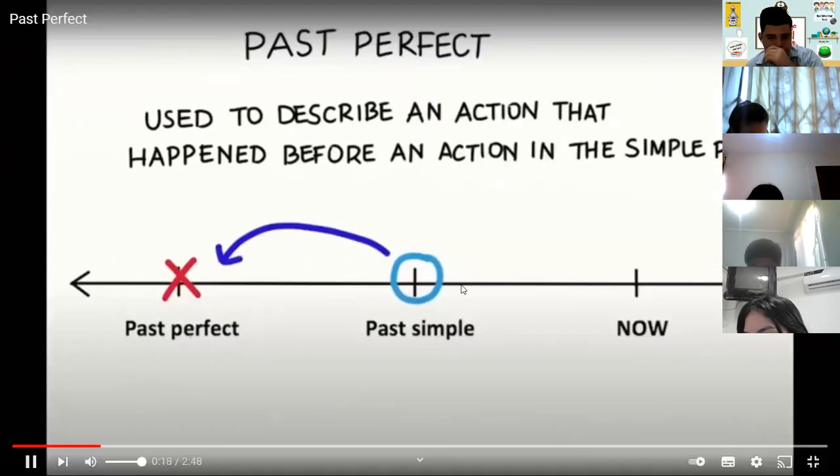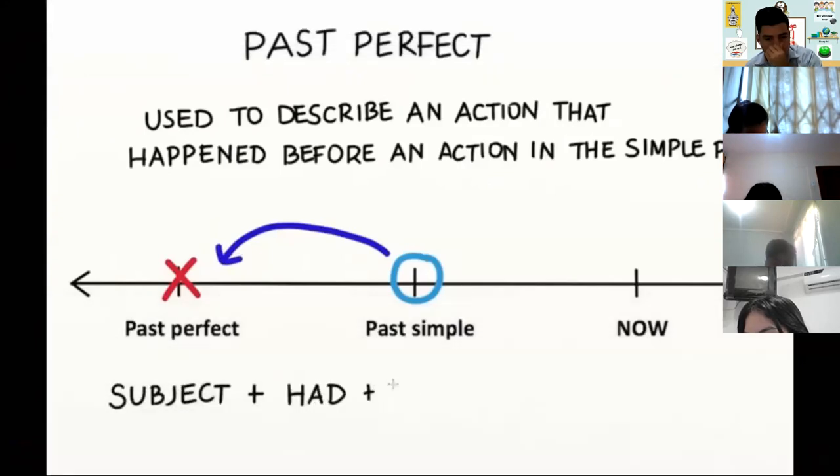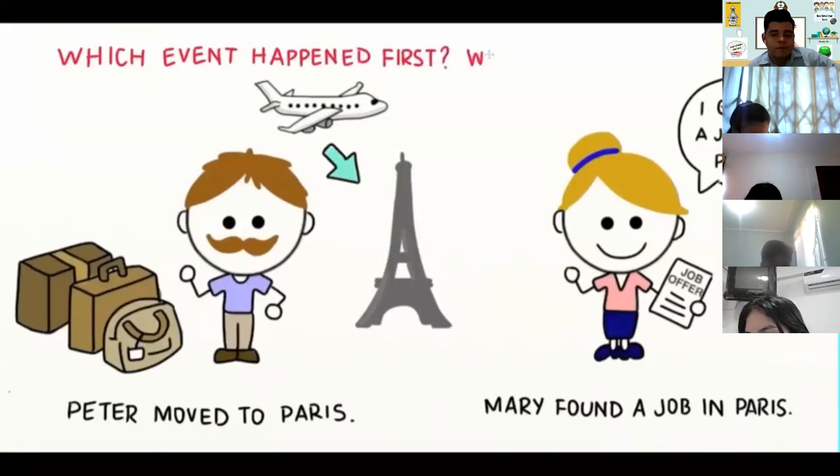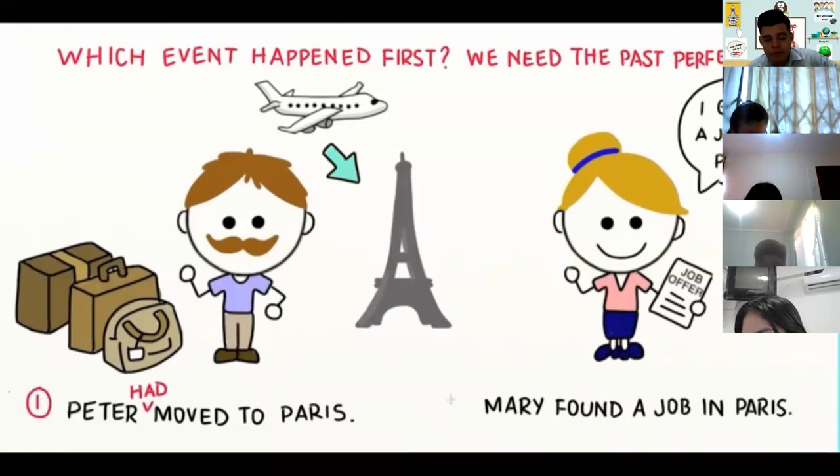The formula is subject plus had plus past participle. We can use the past perfect to tell us which event happened first. For example, if we add the word had to this sentence, Peter had moved to Paris, we know that this action happened first.